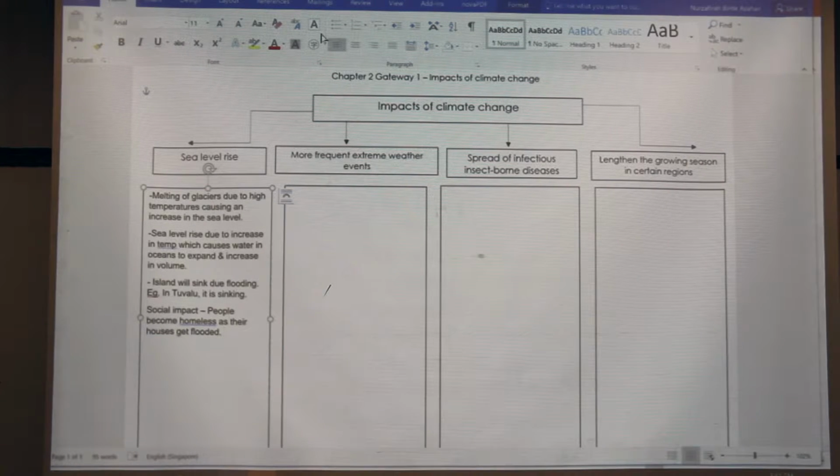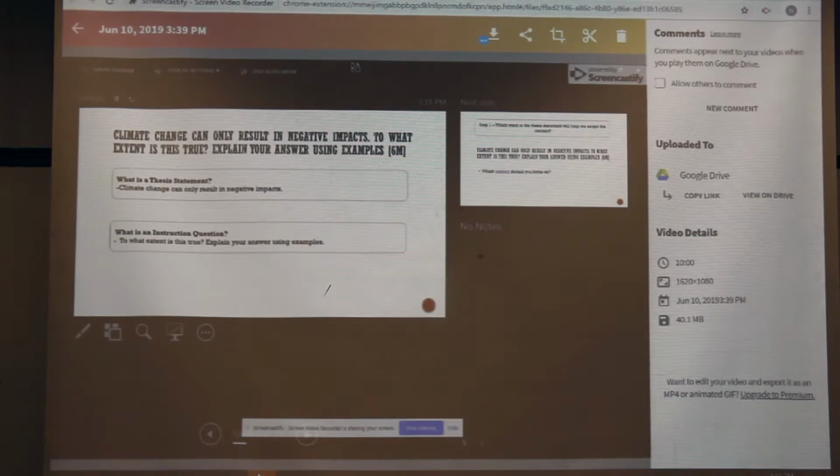Moving on. Okay. What are you doing? What is it? Right behind. I mean, that one is one page.